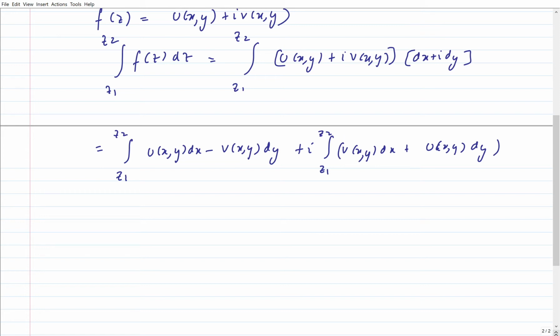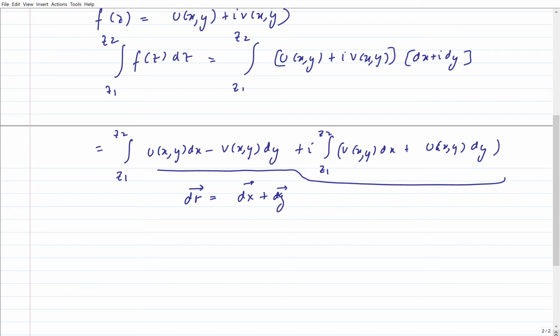Okay, so let's see. Let me define the vector dr as dx plus dy. And what does this integral actually represent in my notation over here?